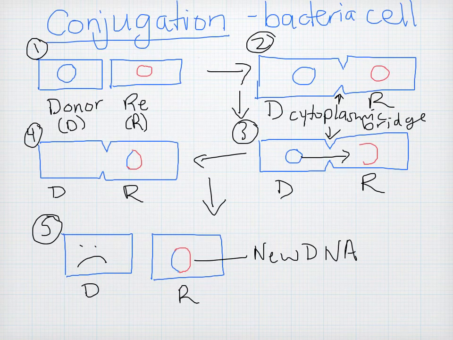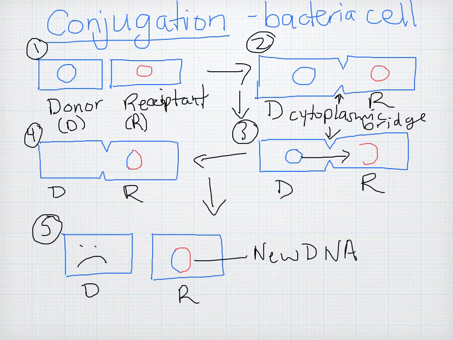So if we have a closer look, we start out with a donor and recipient. Then we have a cytoplasmic bridge that forms, but it doesn't completely close. So it allows some of the donor DNA to go into the recipient DNA.